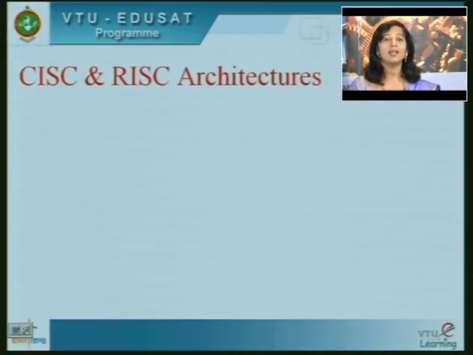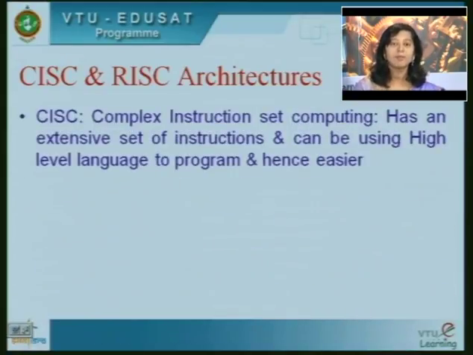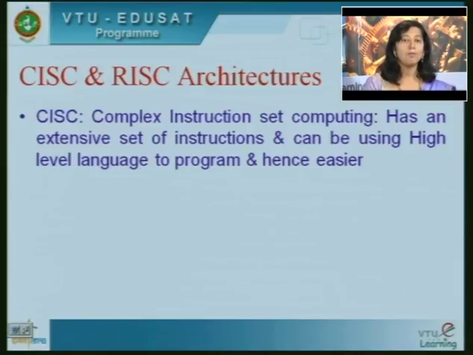Next, the second type of classification for architectures is based on the instruction set. Based on that, we have complete instruction set and reduced instruction set computing processors. CISC stands for complex or complete instruction set computing. It has a very extensive set of instructions.